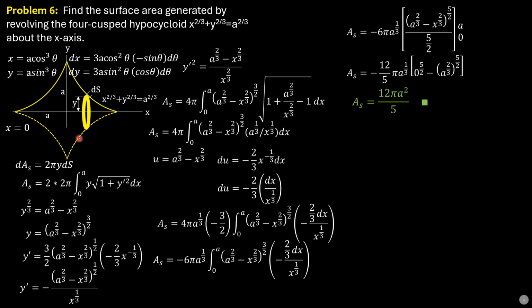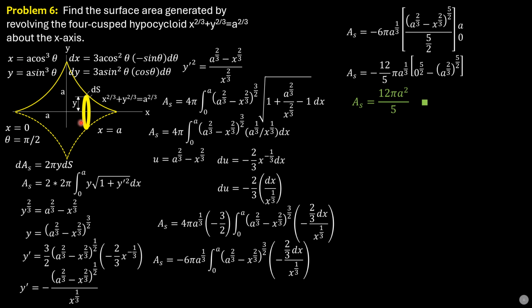And the limits would be changed. When x is 0, inverse cosine of cube root of 0 over a is inverse cosine of 0. So theta is pi over 2 because cosine of pi over 2 is 0. Then when x is a, a over a is 1, cube root of 1 is still 1, inverse cosine of 1, theta is 0.